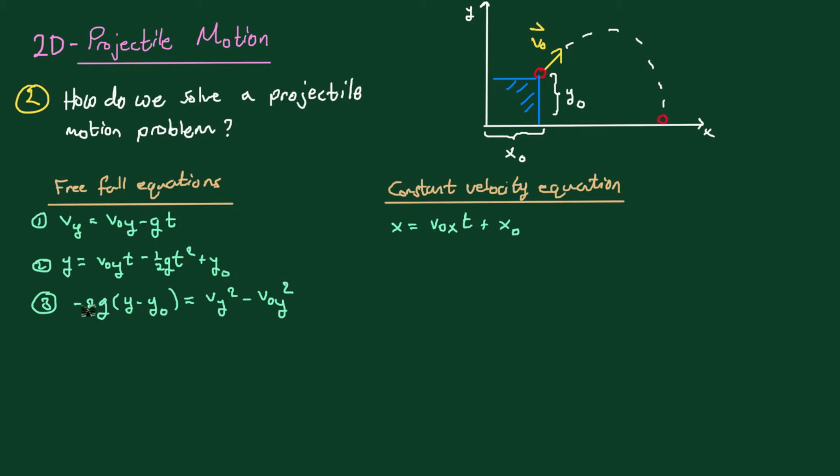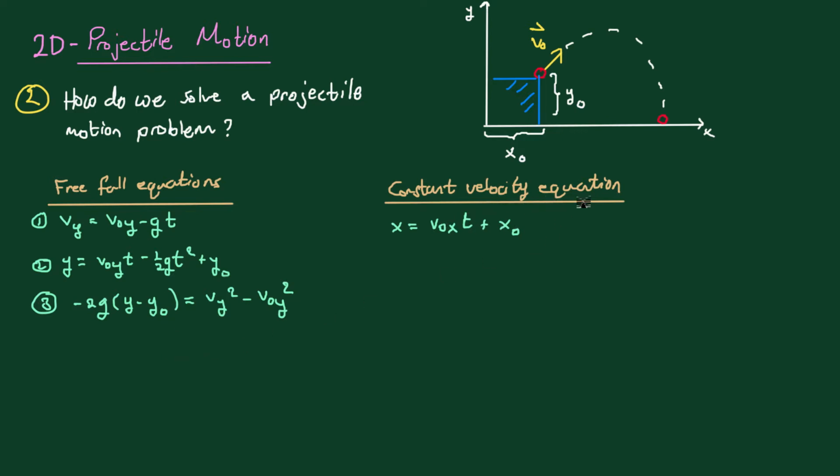Of course, you have other dependent equations that you can derive from these two independent equations. You have a third equation here: minus 2g times (y minus y0) equals v_y squared minus v0y squared. And there's a fourth equation, but we won't get into that. We'll keep it simple for now and just focus on these three equations for the free fall.